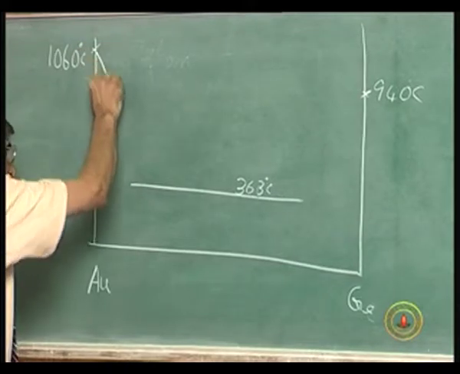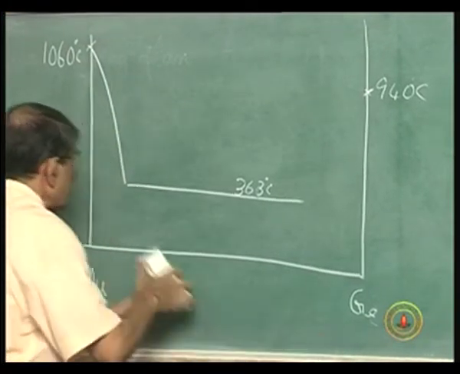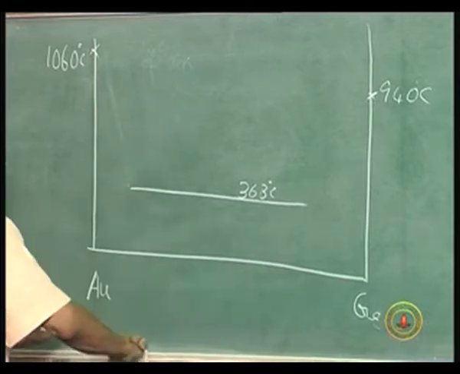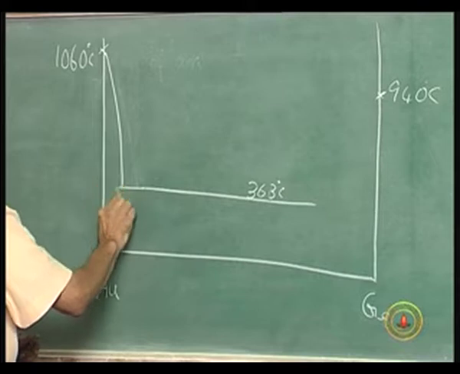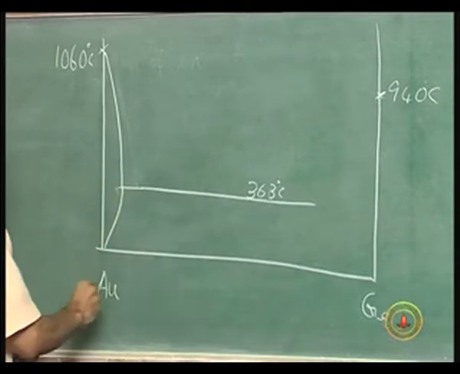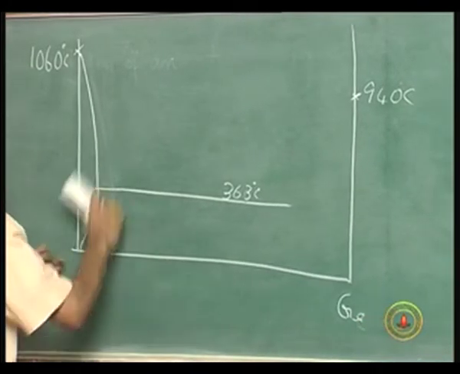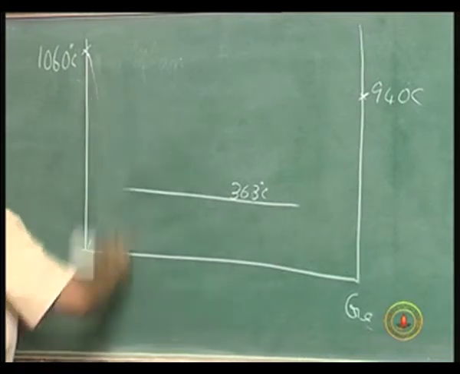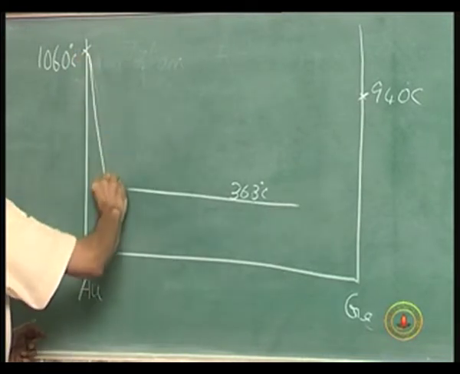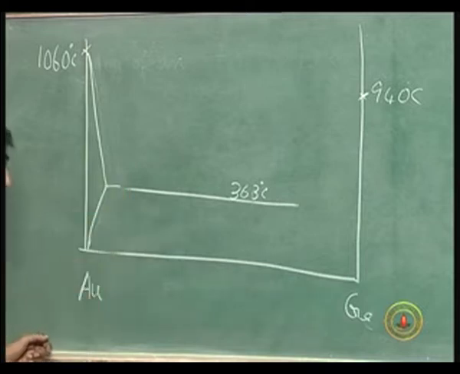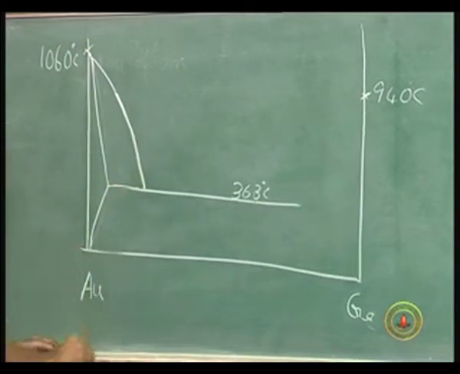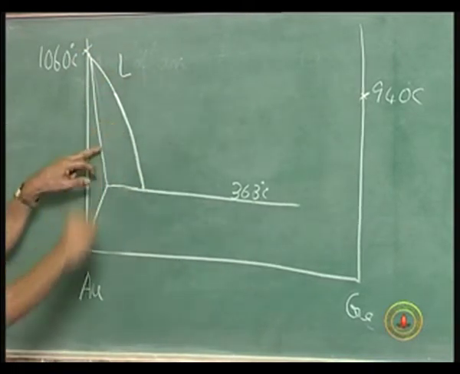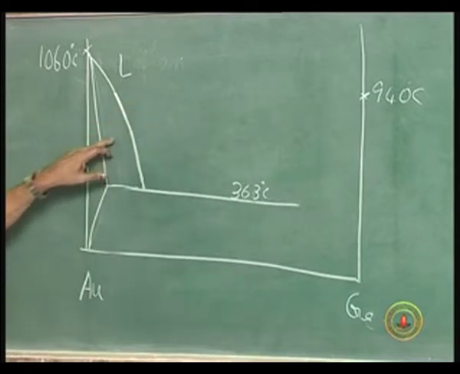If you remember, just draw it once, almost like this, whatever way it comes. Okay. Now that is a liquid. Liquid plus solid, solid. Liquid, liquid plus solid, and solid.